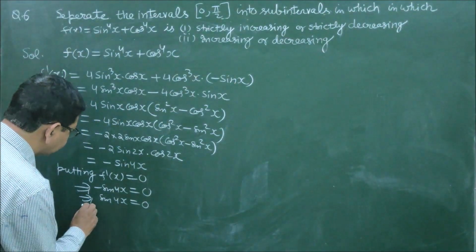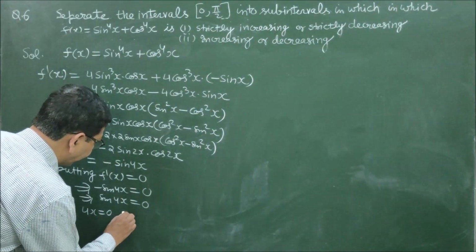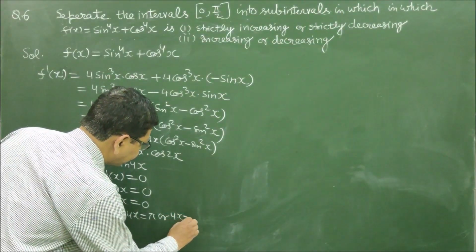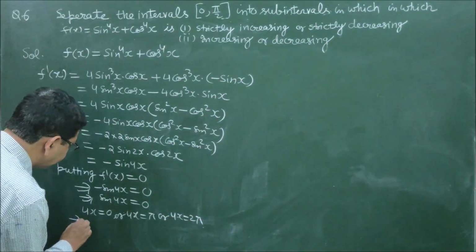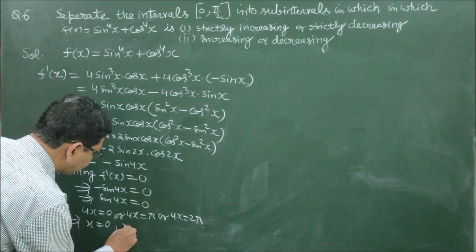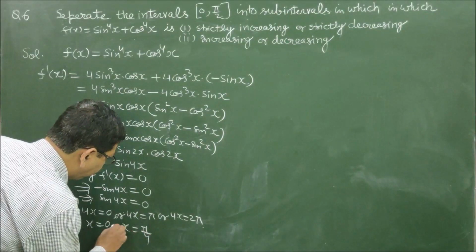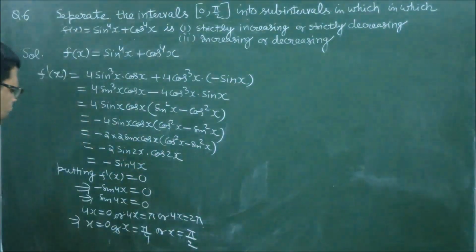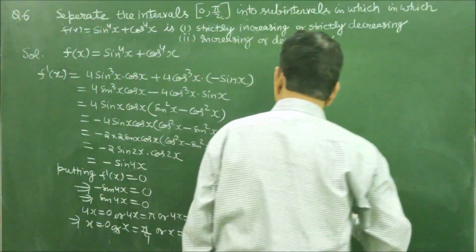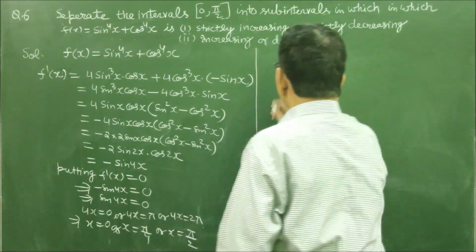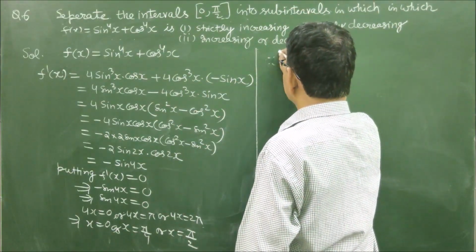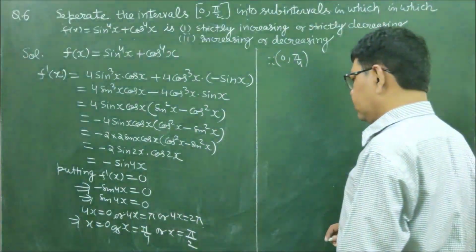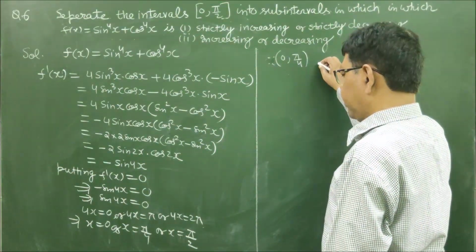It means 4x is equal to 0 or 4x is equal to pi or 4x is equal to 2 pi. That is, x is equal to 0, x is equal to pi by 4 or x is equal to 2 pi upon 4, that is pi upon 2. So the subintervals are: when x belongs to 0 to pi by 4, and the second subinterval is pi by 4 to pi by 2.